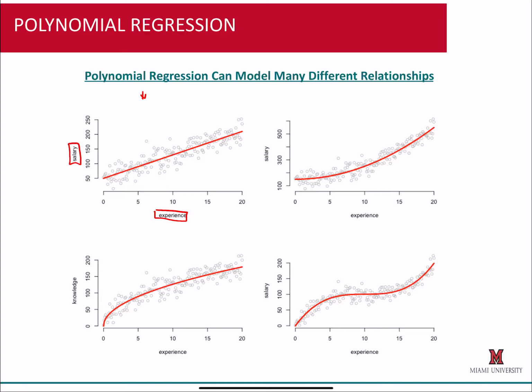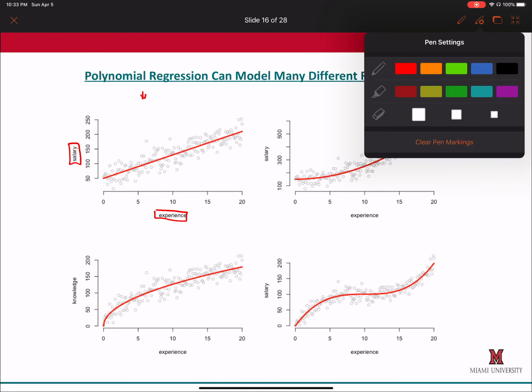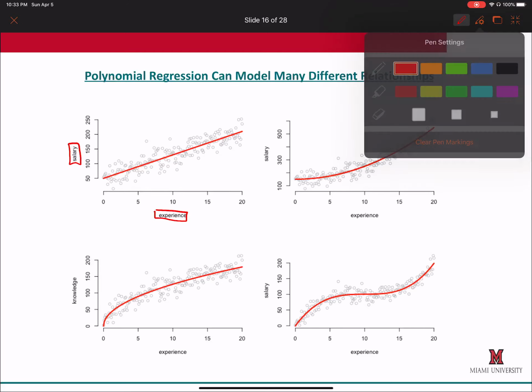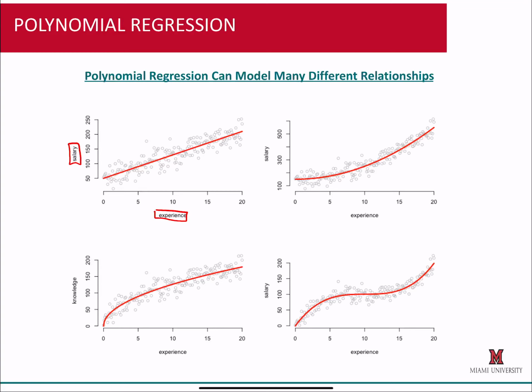We have been assuming that the relationship is linear, and that linearity is captured by the model that we have been fitting, which is a linear model, using the estimate of salary and a slope for the variable experience.